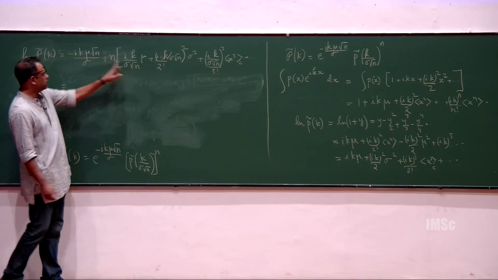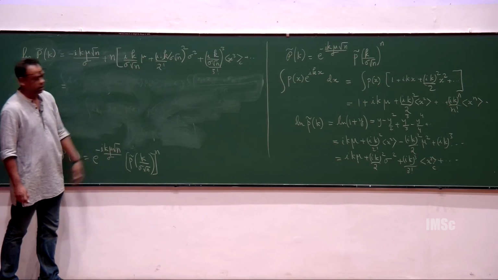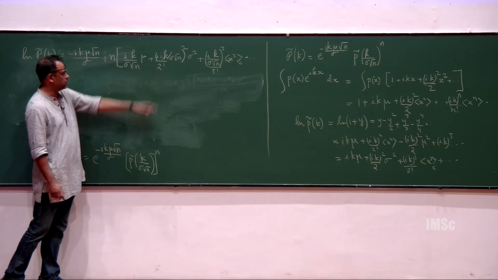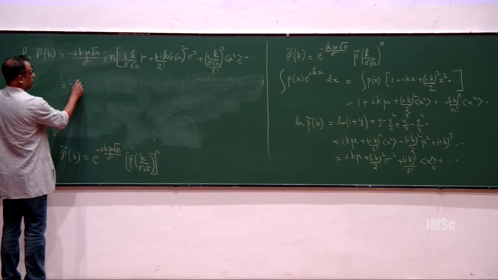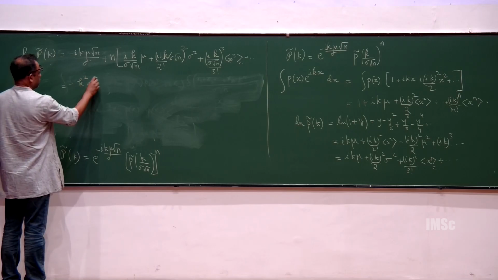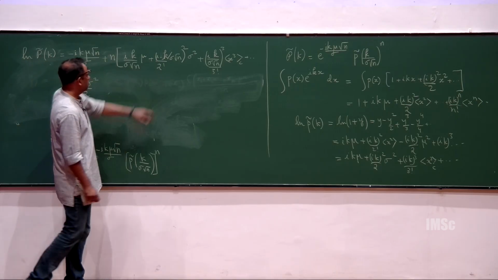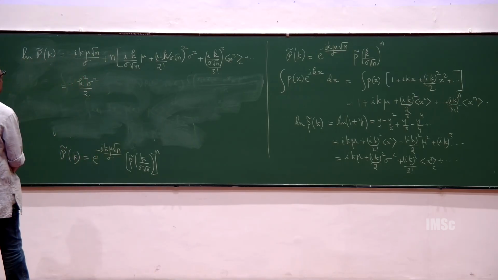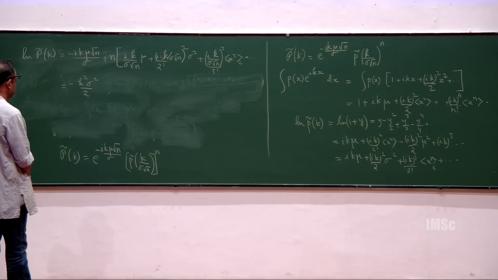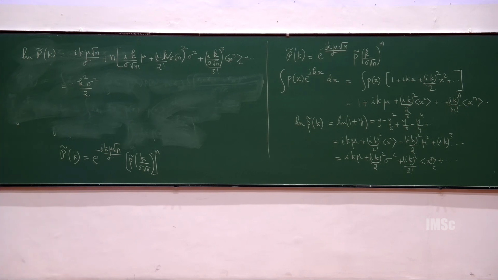Now the first two terms cancel out. Then I have to look at the next term, which is minus k square sigma square by 2. This n and this n cancel, okay, the sigma square.